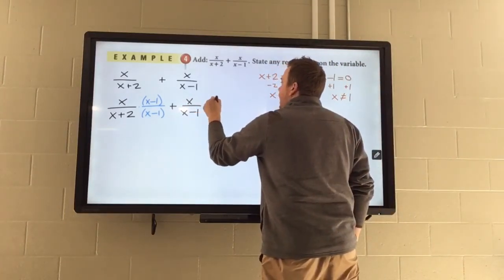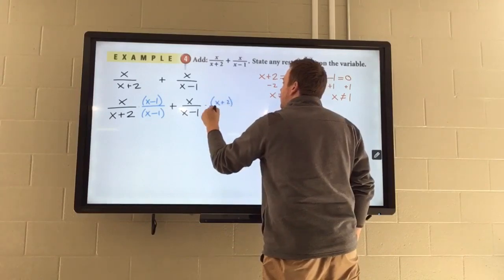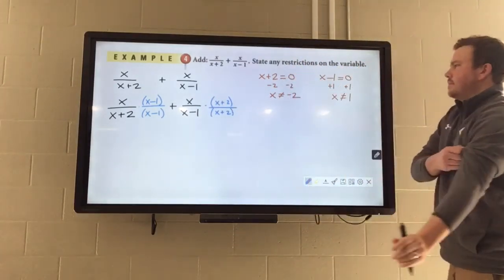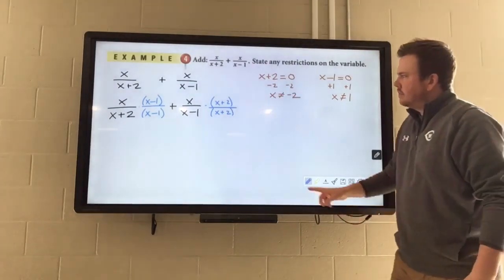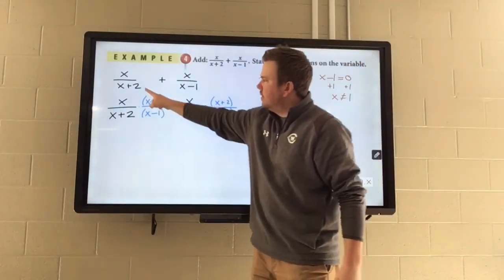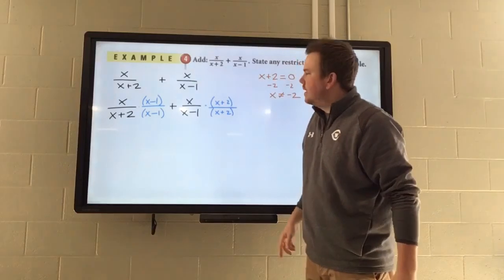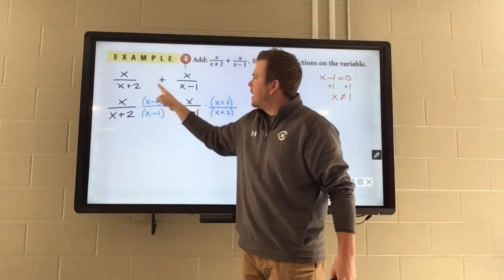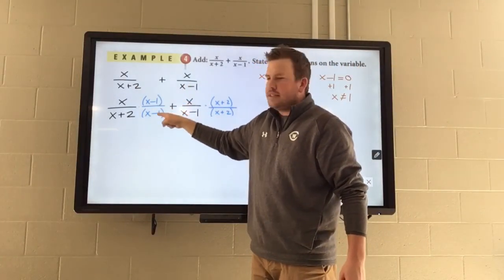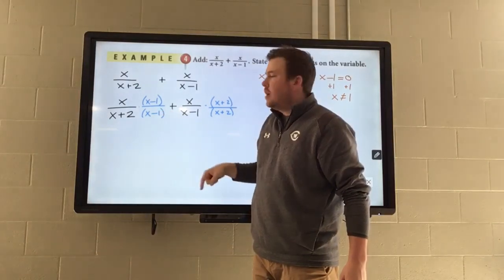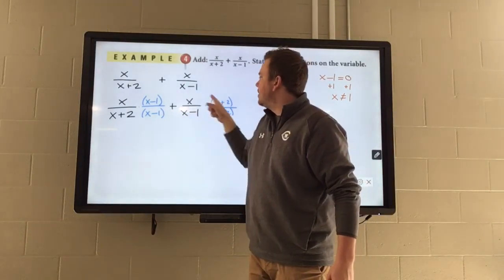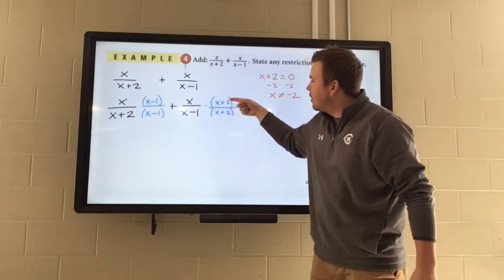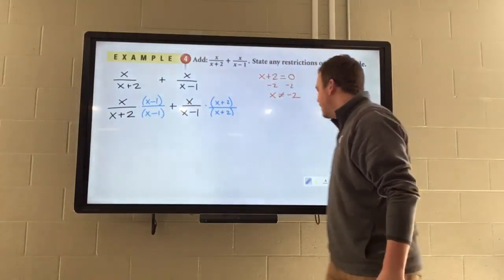This time, x plus 2 over x plus 2. And again, I got the x plus 2 from this denominator. So, we multiply our first fraction by the denominator over the denominator of the second fraction. We multiply our second fraction by the denominator over denominator of the first fraction.